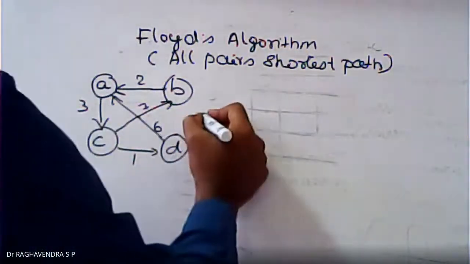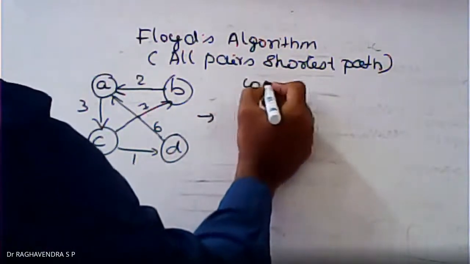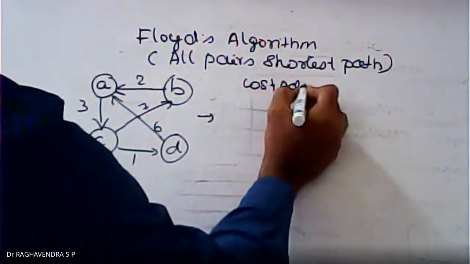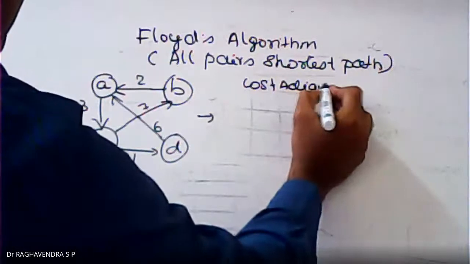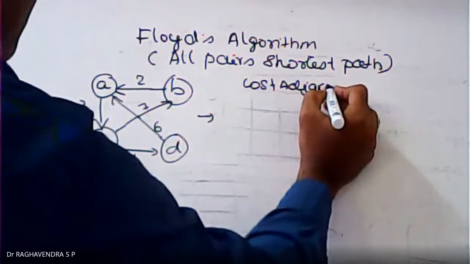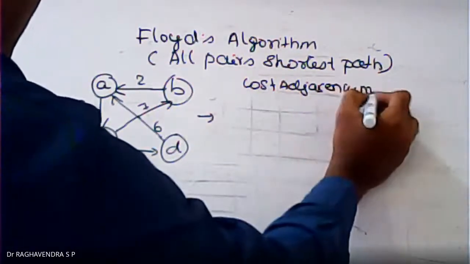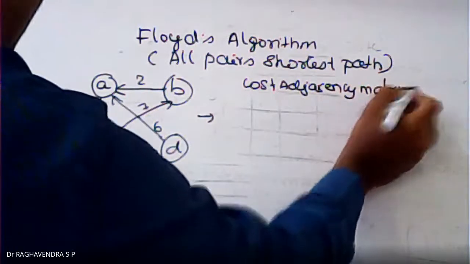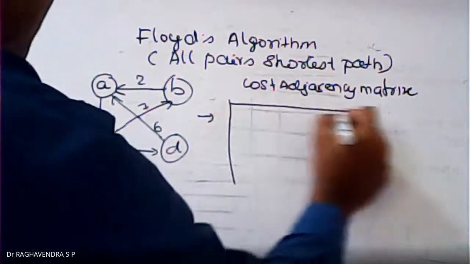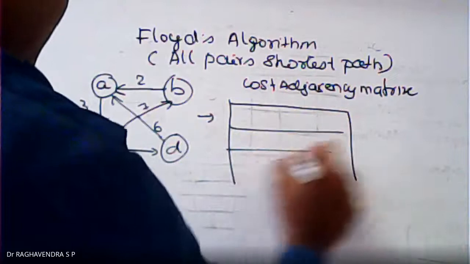So that is why the relevant cost adjacency matrix, or weight matrix, is like this. 4 cross 4 means 4 rows, 4 columns.